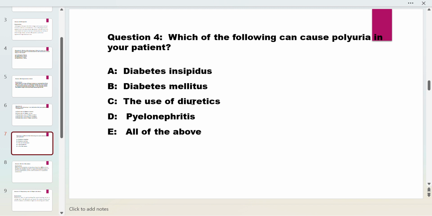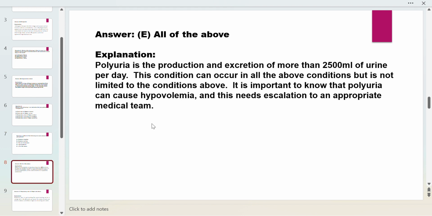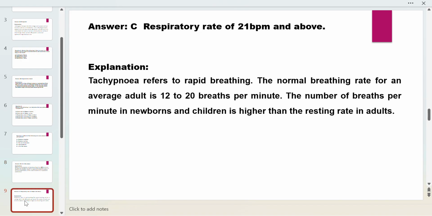Pyelonephritis can be an infection of the kidneys, so you can be going to the toilet quite often. And the same with diabetes insipidus. So the question, all of the above seem to be right, and it's explained this for us. Let's go to the next question.